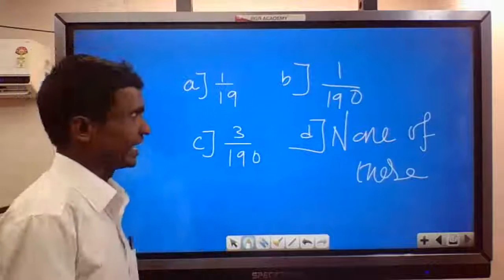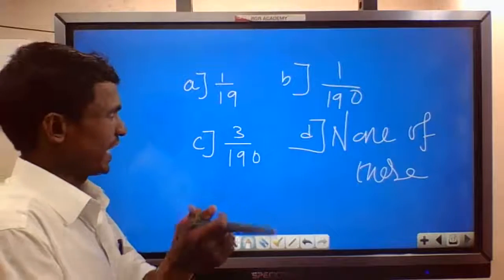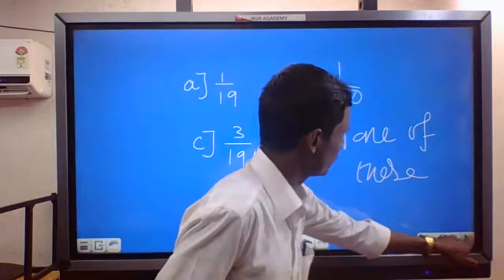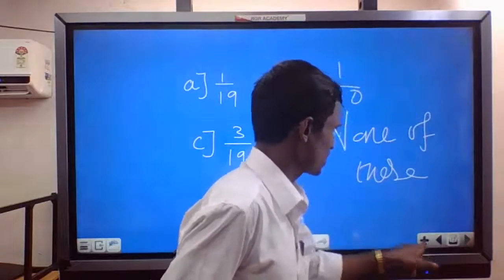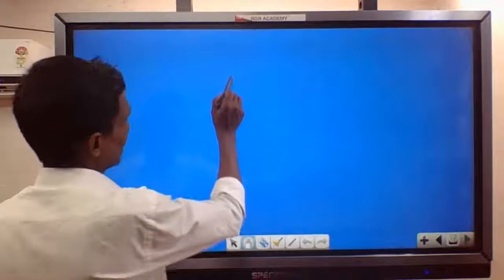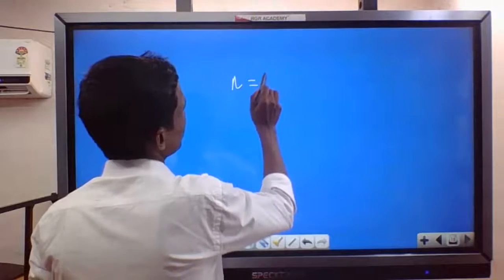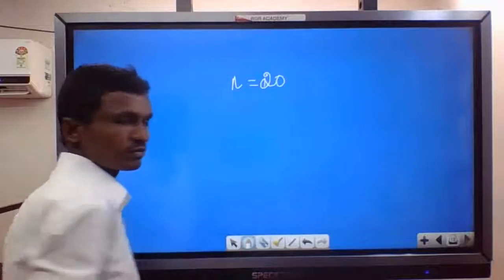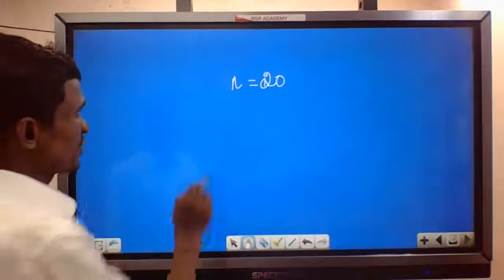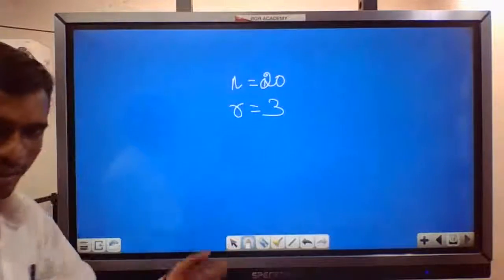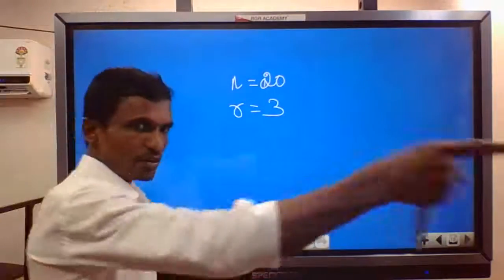So 1 divided by 19, 1 divided by 190, 3 divided by 190, none of these. Here n is equivalent to what? 20. 3 tickets are drawn, r equal to 3. The number of remaining tickets to be selected, other than 7 and 11, is what?